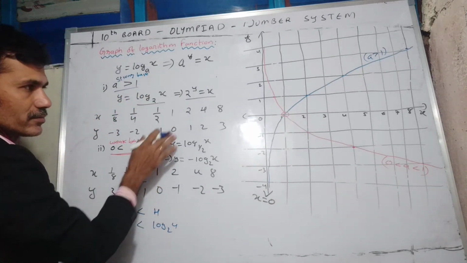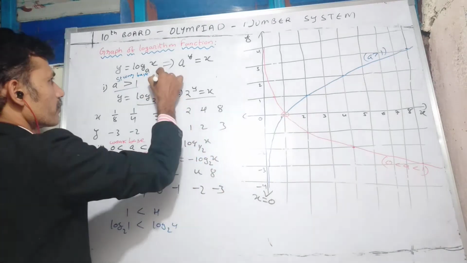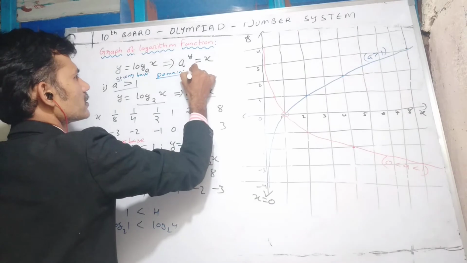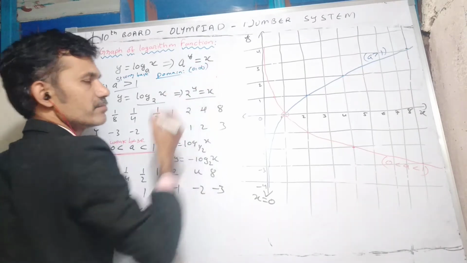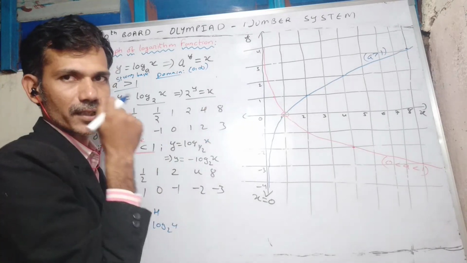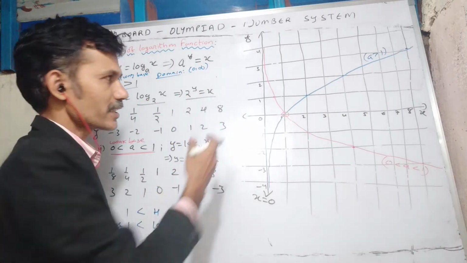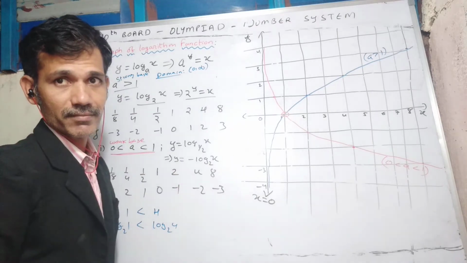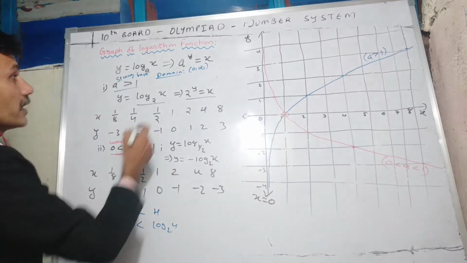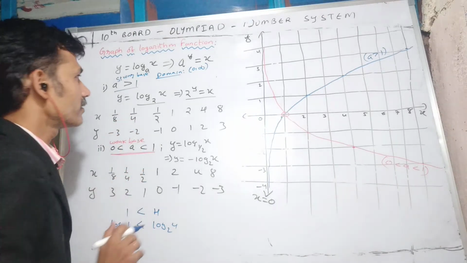For both these curves, the domain will be the same. The domain is 0 to infinity. See here, on the negative x-axis, the curve does not appear. It won't even intersect at x equal to 0. It won't exist. Base you can't take as 0, and for x values also log 0 is not defined.